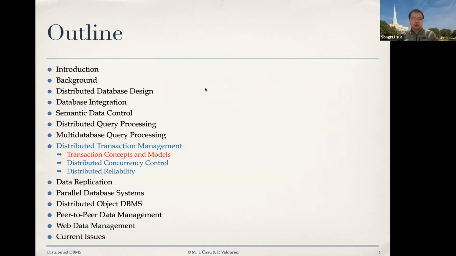However, we will get some idea of how transaction management is completed within a distributed environment. We will dive into more distributed features in the following weeks. It means that we will spend probably 3 weeks on this topic.